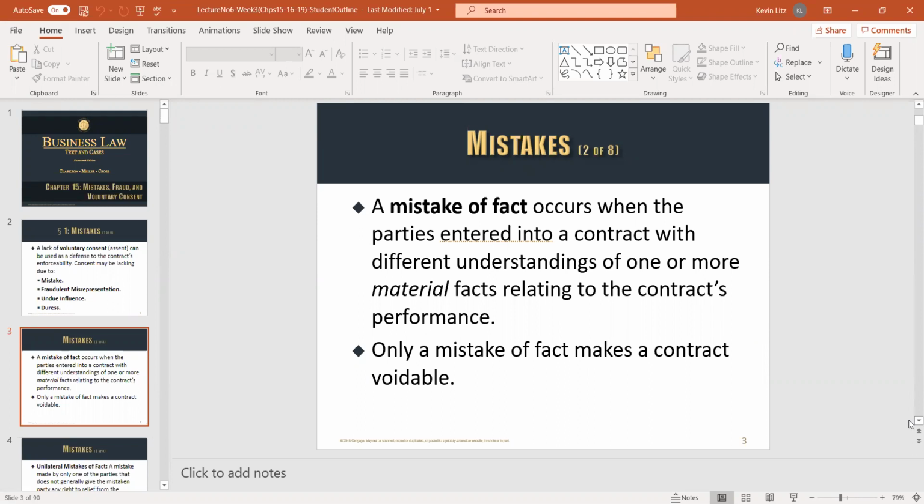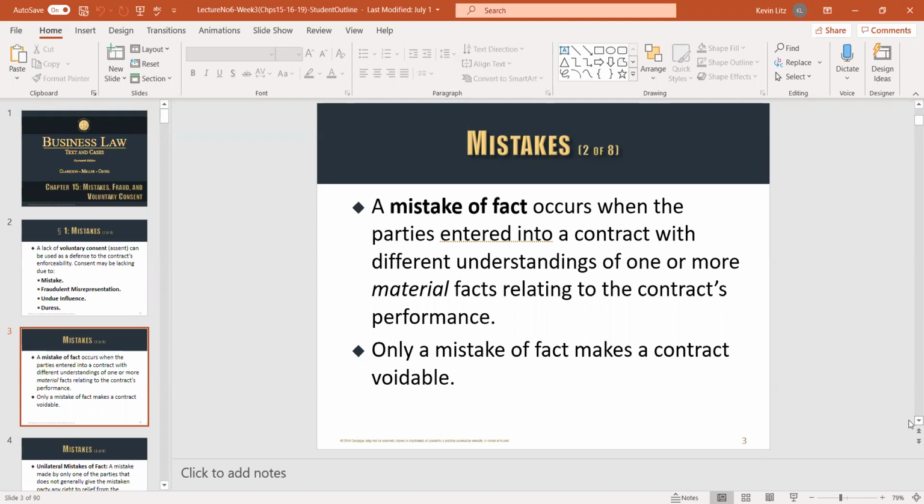Well, first, the fact at issue must be material. Let me give you an example. I'm going to sell you a car, and in it I say, gee, it has this engine, it has this performance, it has this many miles, and an air freshener hanging from the mirror.